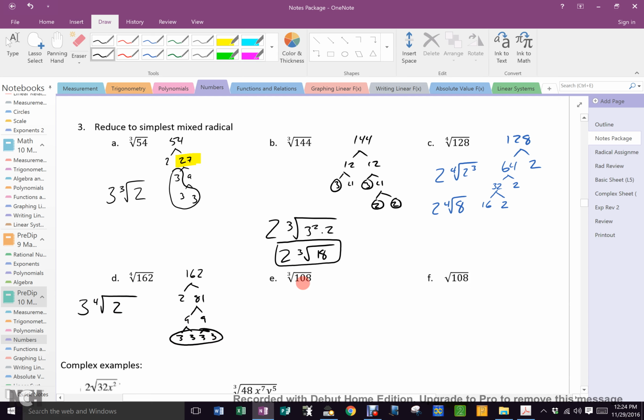Okay, cube root of 108. I'll let you guys think about it for a bit.